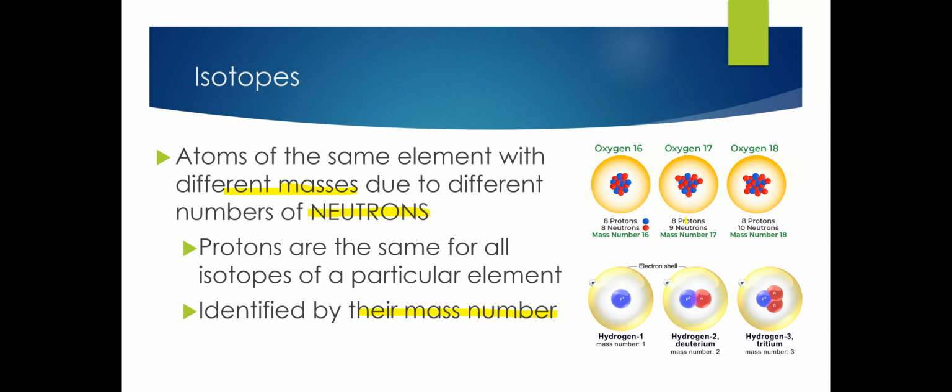Now notice the protons is the same for each one. The protons never changes, but obviously the number of neutrons changes and therefore the mass changes, okay? This is not going to affect how the atom behaves, okay? That's determined by another particle, but it will affect the mass of that atom.